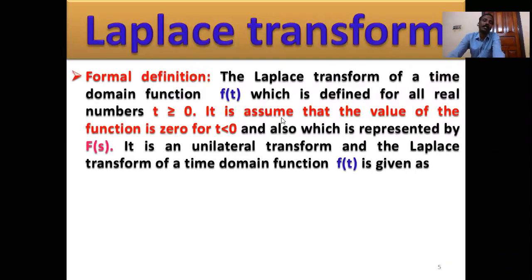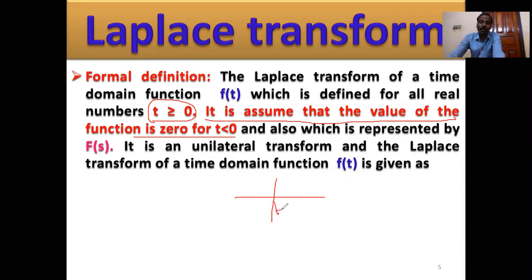Then what is the Laplace transform formal definition? The Laplace transform of a time domain function f(t), which is defined for all real numbers t greater than or equal to 0. That means this function is considered only for t equals 0 or t greater than 0, that means positive time. It is assumed that the value of the function is 0 for t less than 0, that means negative time is equivalent to 0 value.